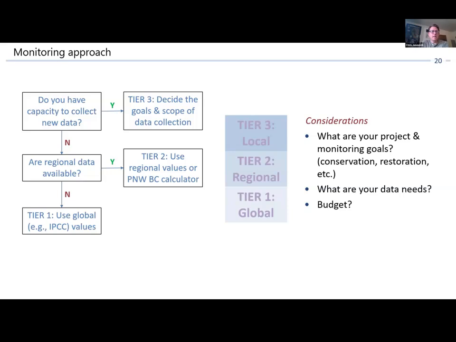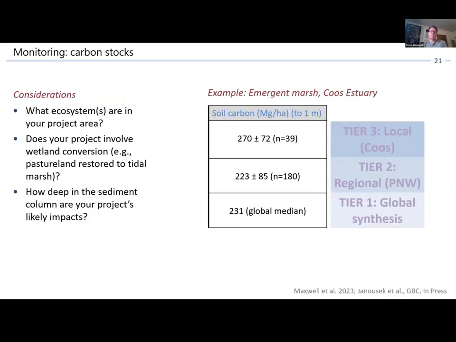For example, you can use IPCC values to understand the blue carbon situation in your estuary. I've illustrated these as different tiers of blue carbon monitoring. Of course, tier 3 is the ideal. Collecting local scale data is always the ideal, but it certainly requires time and a budget and may not fit all projects.